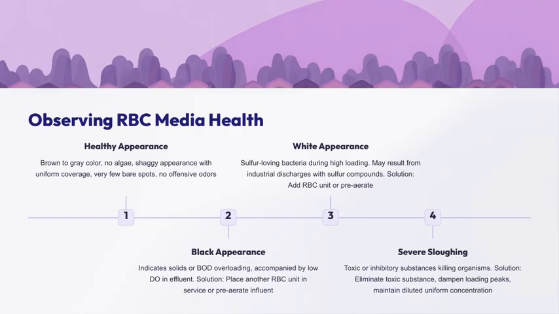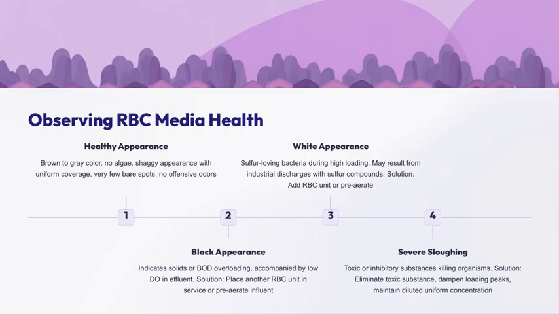When the media appears white, it indicates sulfur-loving bacteria are active, usually during high-loading conditions. This can also happen if there are industrial discharges containing sulfur compounds. The remedy here is to add an additional RBC unit or pre-aerate to help manage the sulfur compounds and maintain healthy microbial activity.